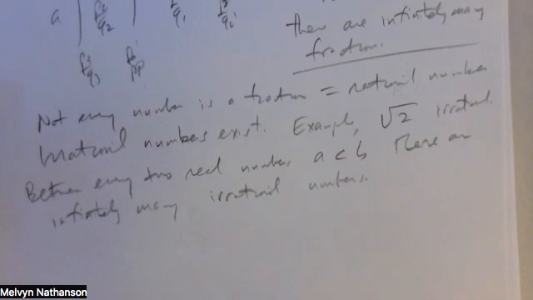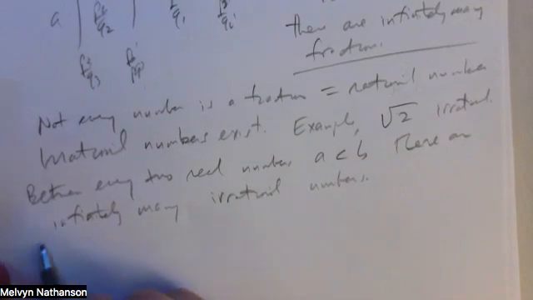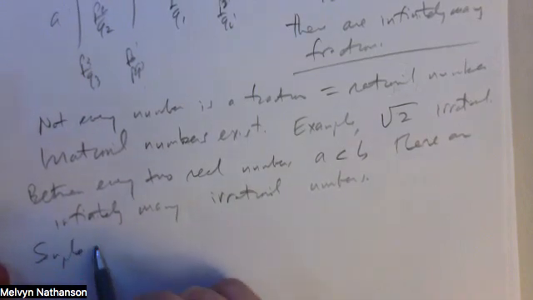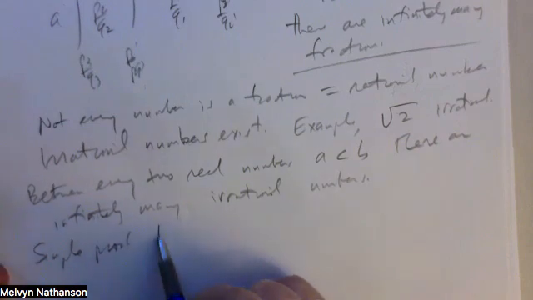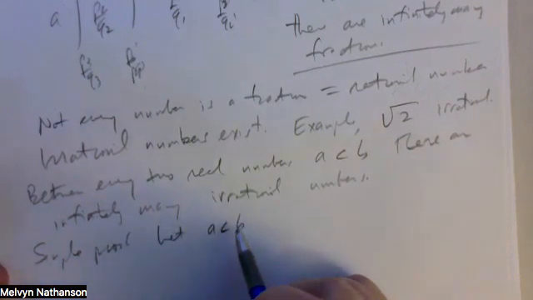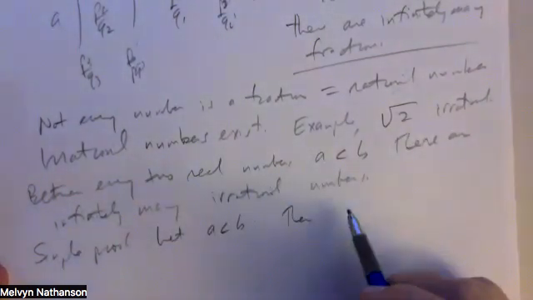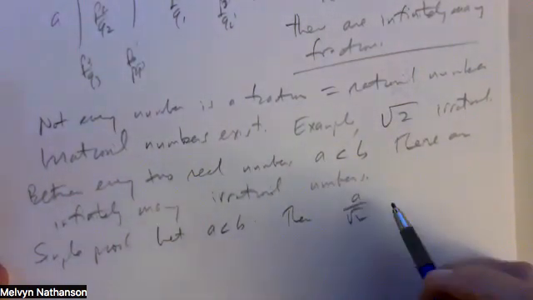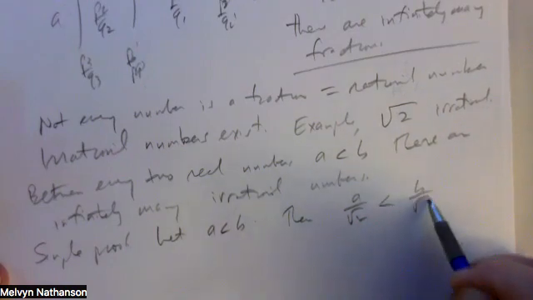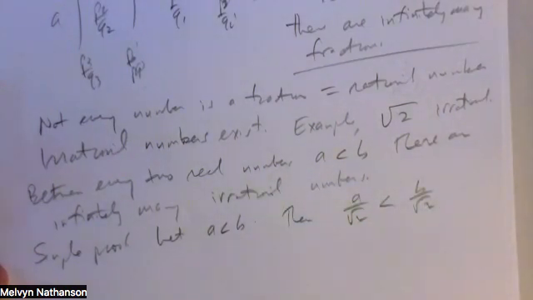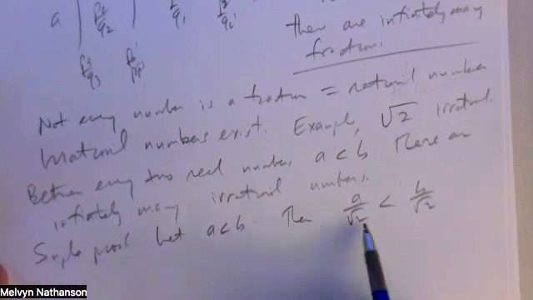And one simple proof of this statement is the following. Suppose A is less than B. Then the square root of 2 is positive, so A over the square root of 2 is less than B over the square root of 2. So these are two real numbers again.